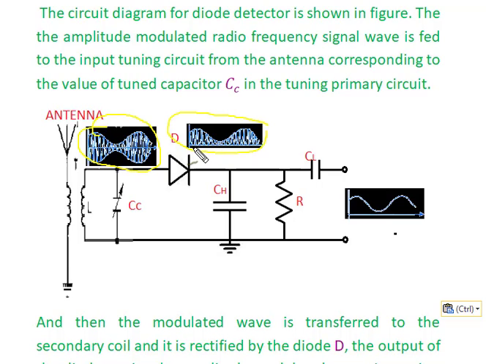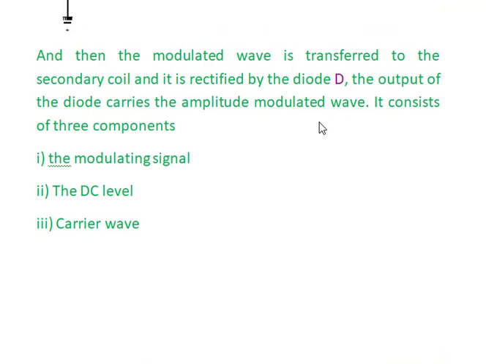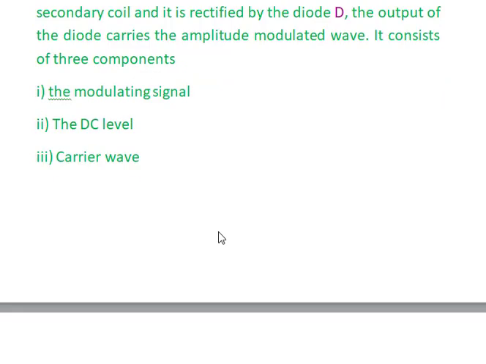This upper part also consists of the carrier wave, the DC level, and the message-carrying modulating signal, that is the upper side band. So the output of the diode consists of three components: the modulating signal, the DC level, and the high frequency carrier wave.